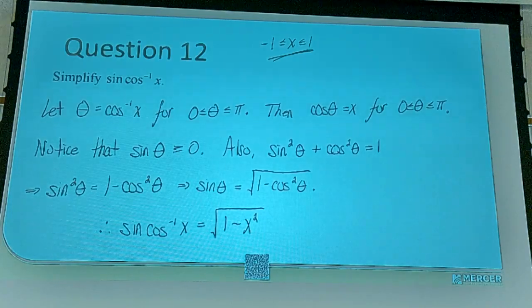There's your expression, square root of 1 minus x squared. This bit is also going to be extremely important in calculus.